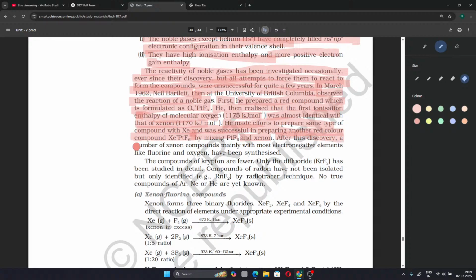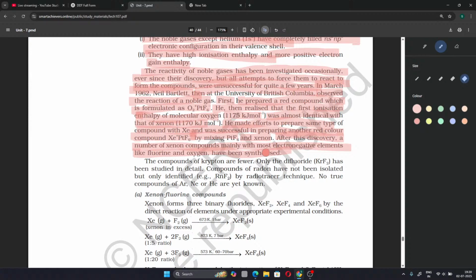After this discovery, a number of xenon compounds, mainly with electronegative elements like fluorine and oxygen, have been synthesized. Basically, Neil Bartlett at the University of British Columbia observed the first noble gas reaction. He observed that oxygen and xenon have similar ionization enthalpies, and oxygen was forming a complex with platinum hexafluoride.